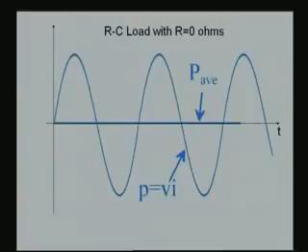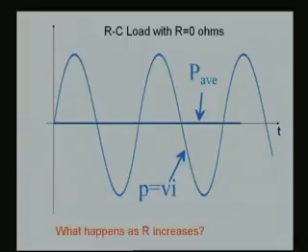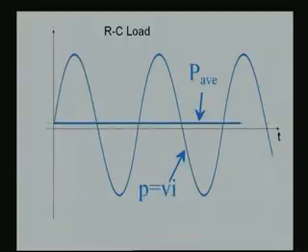Now, consider the power curve for an RC circuit. As we saw before, the average power is equal to 0 for a pure capacitance circuit, R equal to 0 ohms. Now, what happens if I start increasing R? It no longer becomes pure capacitance, and gradually you will see that an average power starts developing.